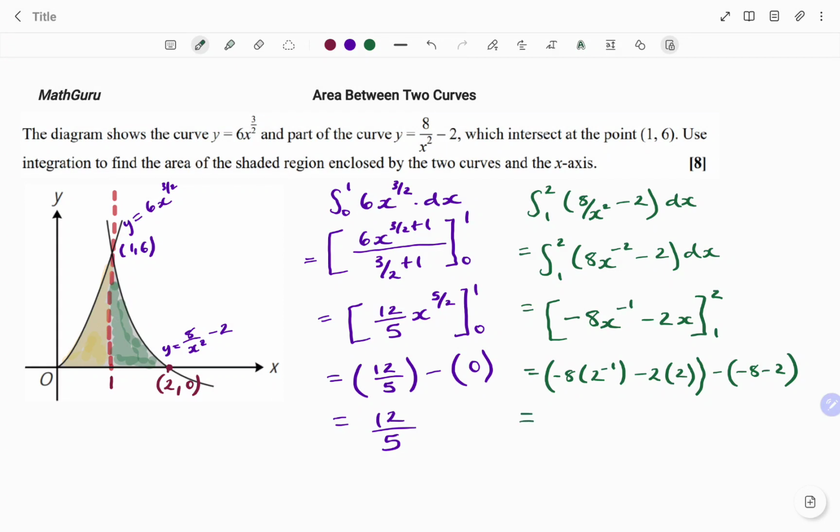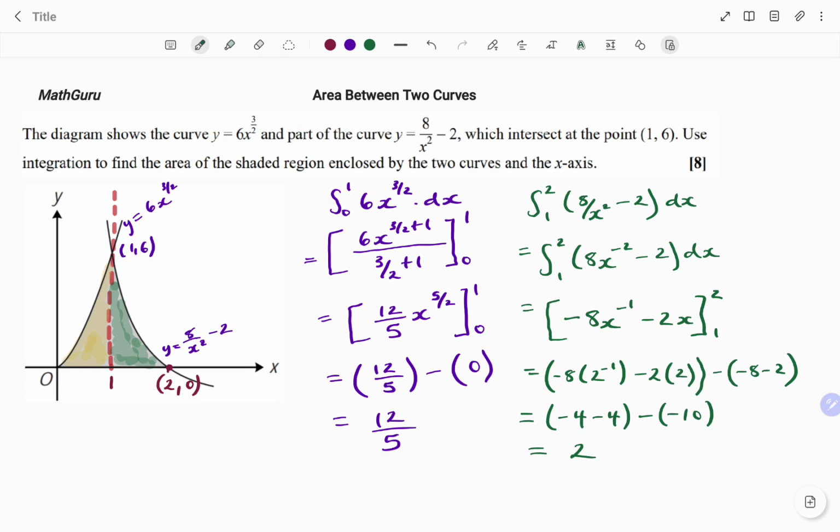If I simplify further, I have minus 4 minus 4 minus 10. And if I simplify that, I have positive 2.